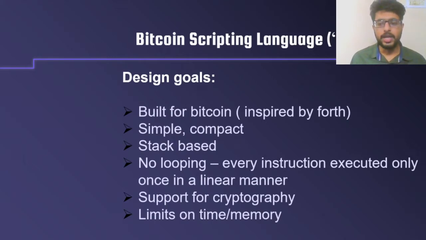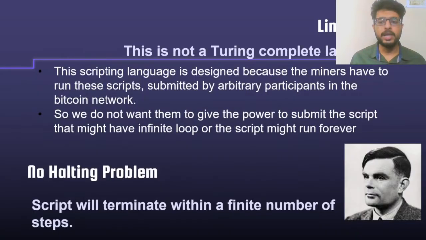In particular, there are no loops in the Bitcoin scripting language. Every instruction is executed exactly once in a linear manner. So, just by looking at the script, we can determine how long it will take to run and how much memory it can use. This is not a Turing complete language.